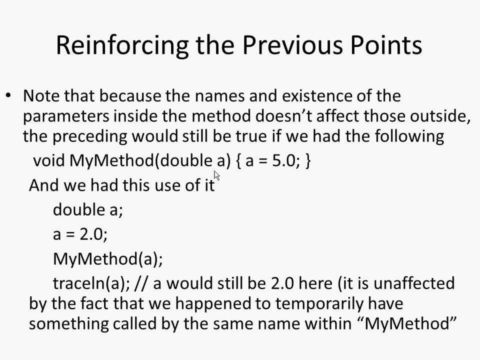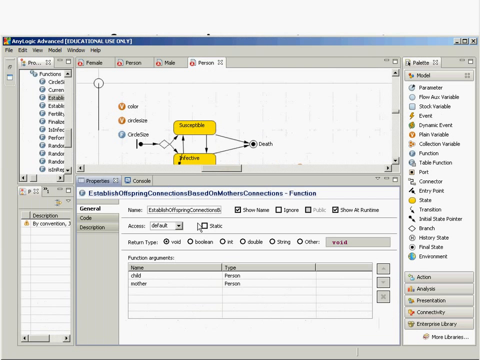So fundamentally, the reason I'm going into this is because some students of mine from a health sciences background got really confused because they see two different methods, like this method here, establish offspring connections based on mother's connections, and they see it uses the same word for mother here, and they're not sure how that relates to the mother down here.